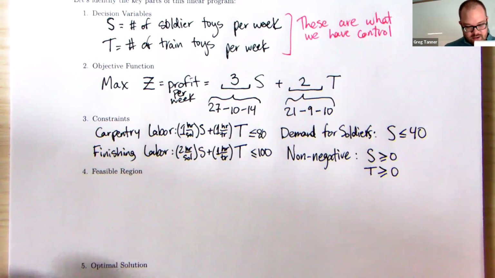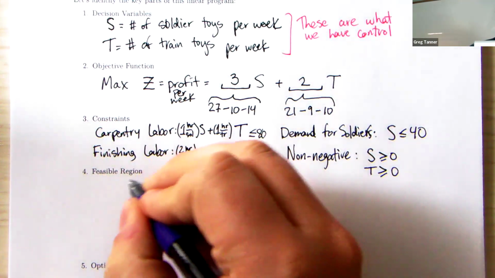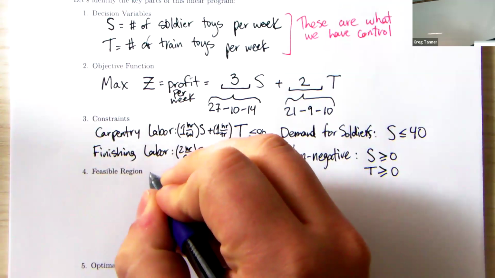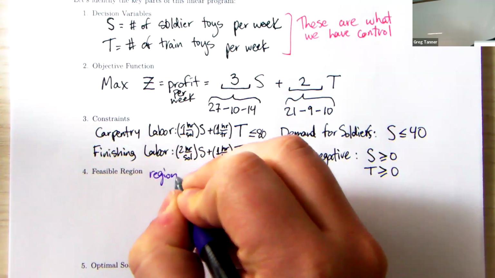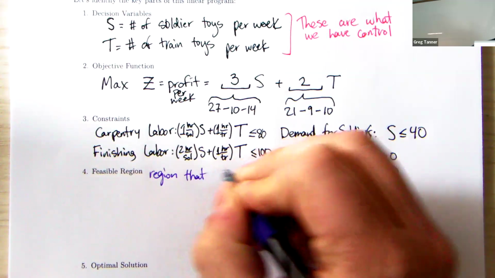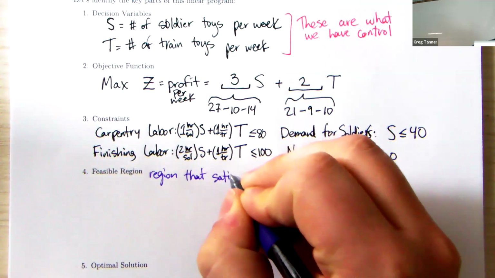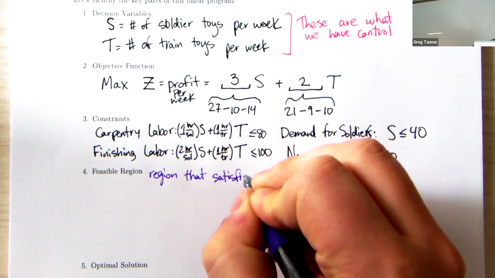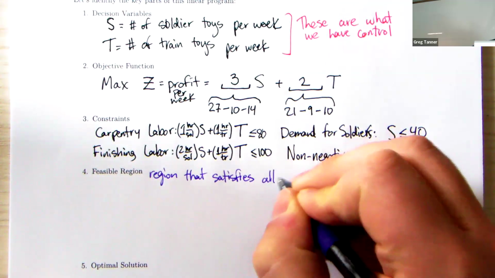So our feasible region, we want to think of the feasible region as the region in our variable space. So if we think of the spaces of soldiers and trains and all the possible combinations of those, the feasible region is the region that satisfies all constraints.